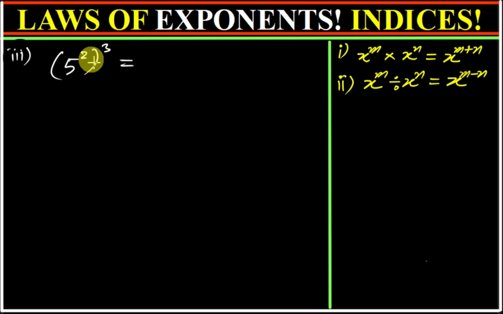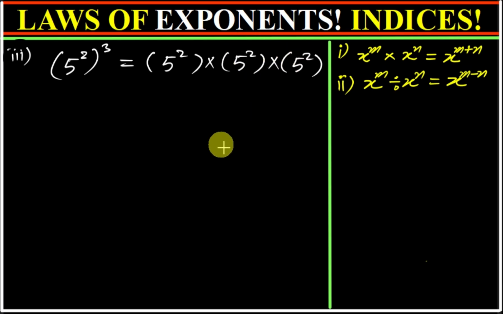This bracket has power 3, which means this whole bracket will be multiplied repeatedly 3 times. So we can write the first bracket, into the second bracket, into the third bracket. What is inside the bracket? 5 raised to the power 2, 5 raised to the power 2, 5 raised to the power 2. Now 5 raised to the power 2 means 5 is multiplied repeatedly 2 times.